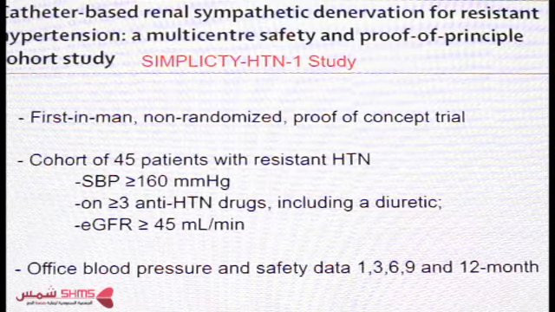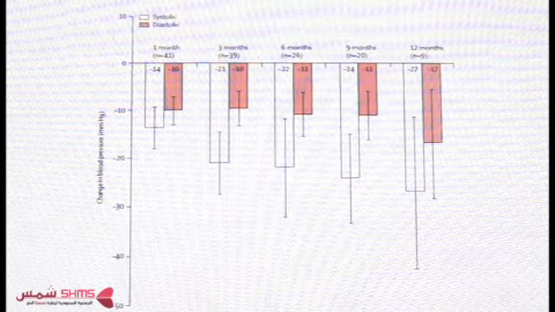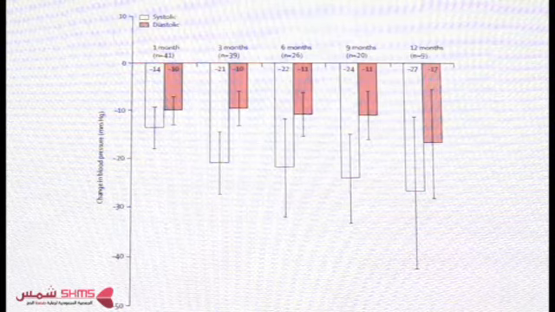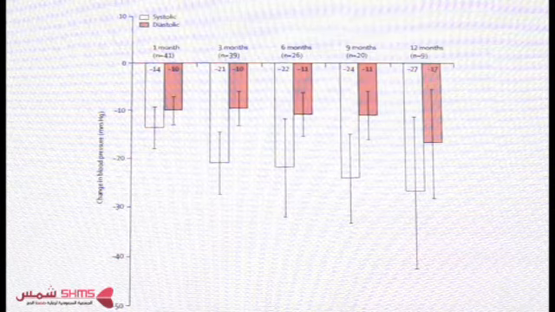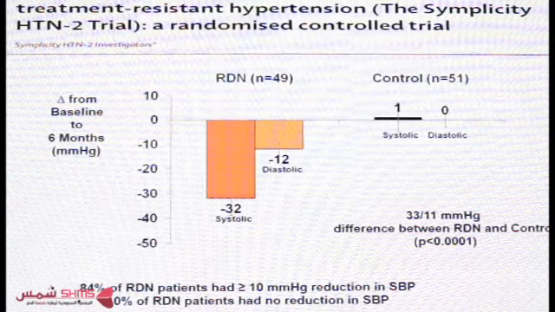The primary endpoint was the blood pressure change from baseline. As you can see here, after renal denervation with this catheter, at the end of the first month, both systolic and diastolic blood pressure decreased significantly, and decreased further at the end of the third month, and were followed up to 1 year. There was no reported serious adverse event.